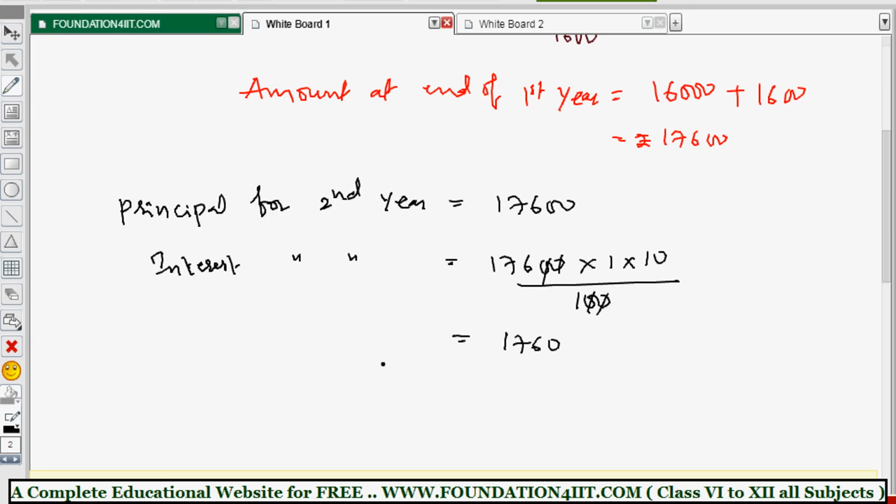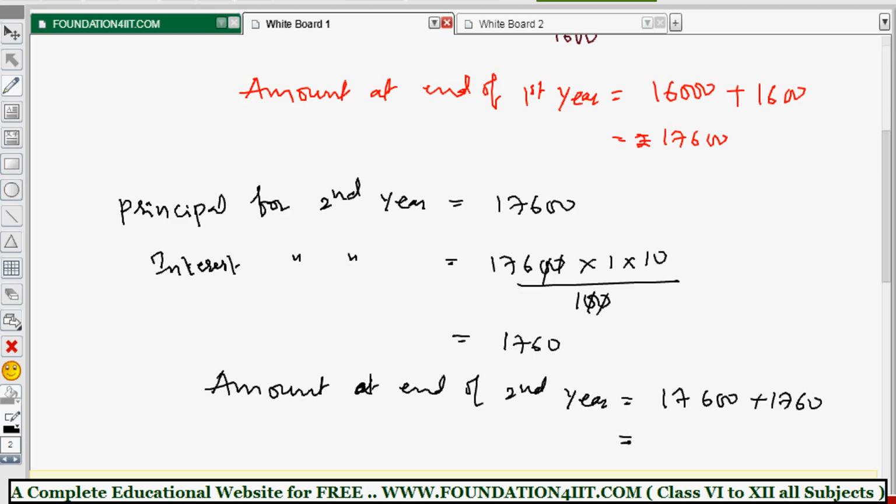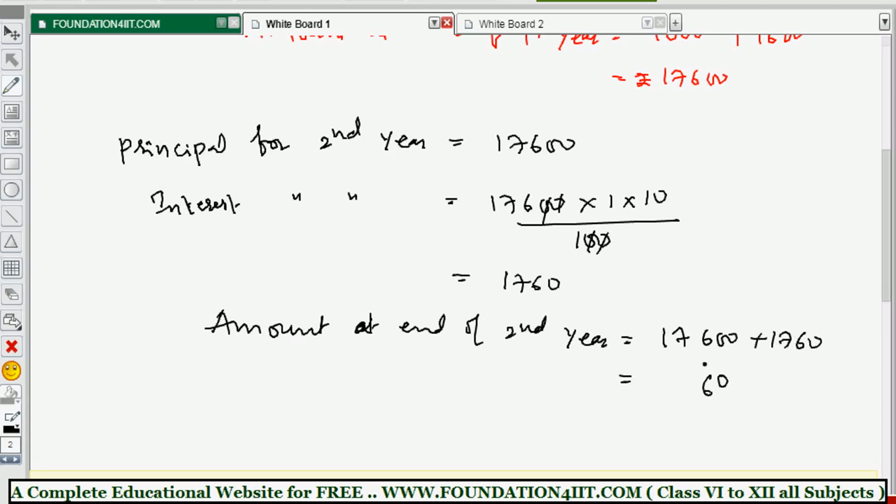Now 1760 is added to find the amount at the end of the second year. So amount at end of second year is 17,600 plus this 1760. If you add both, that is 19,360.